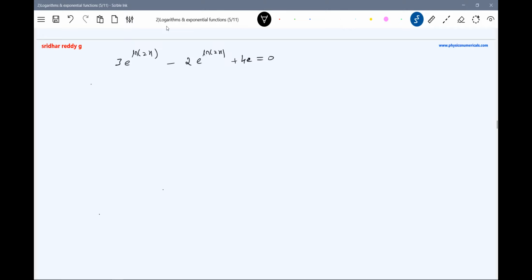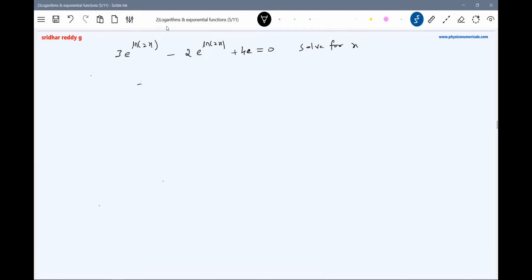So solve for x. Then this will be, okay, can we write 3 e to the power of log x?